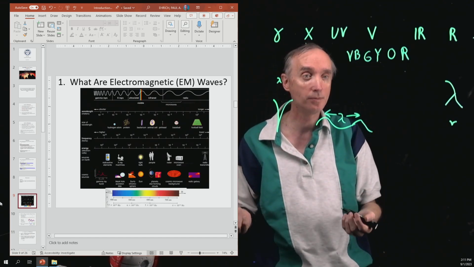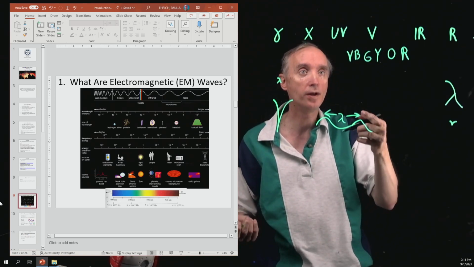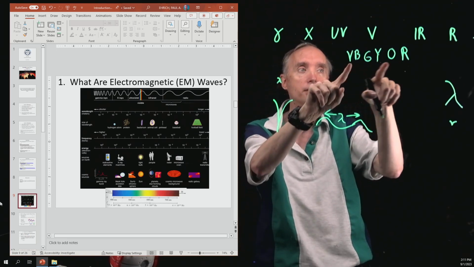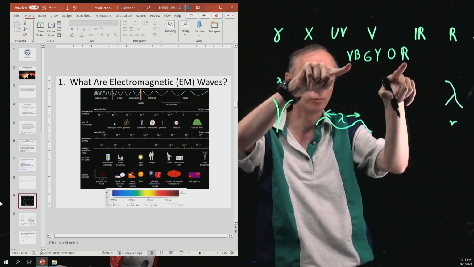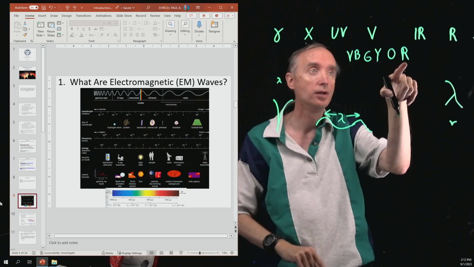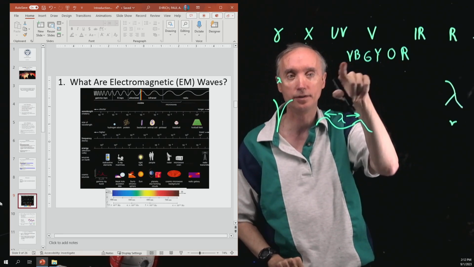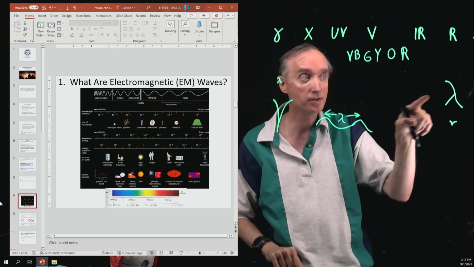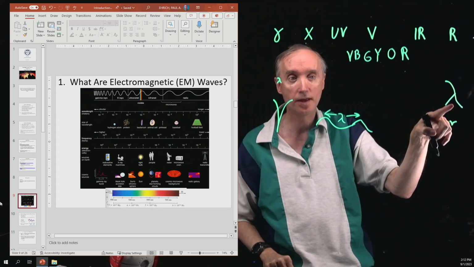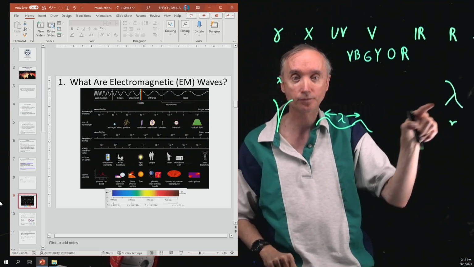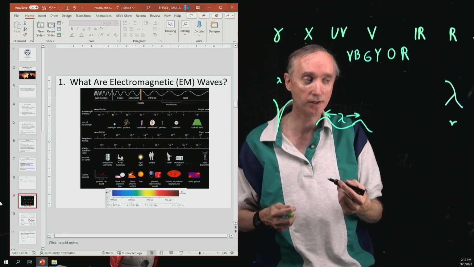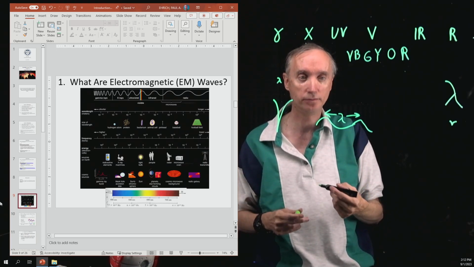Or I could say something about the wavelength. How does the wavelength of violet compare to the wavelength of red? Red is going to have a larger wavelength than violet, but it is going to be smaller than a radio wave. Another thing I want you to see is energy.